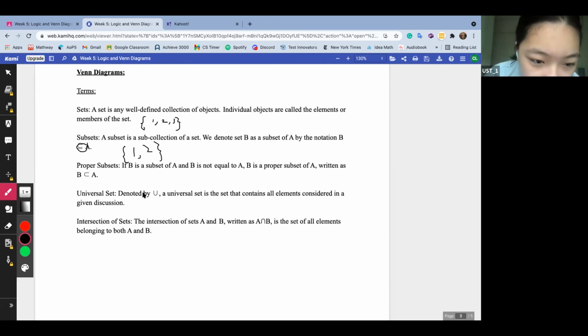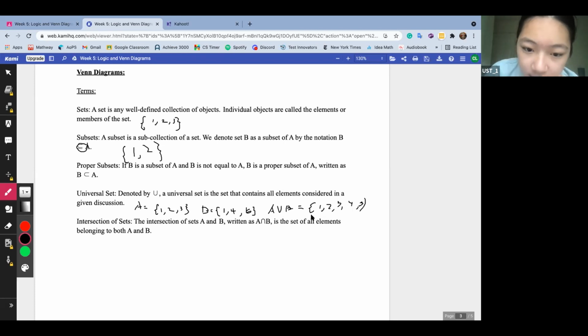So let's say A equals {1, 2, 3}, and B equals {1, 4, 5}, then A union B equals {1, 2, 3, 4, 5}. It would include all of the elements there.